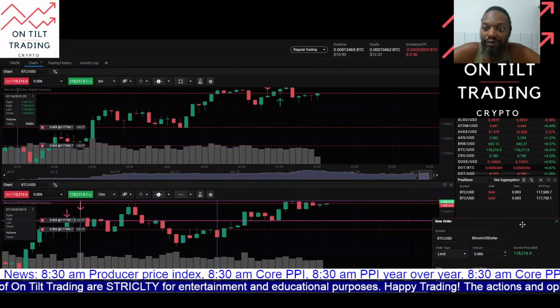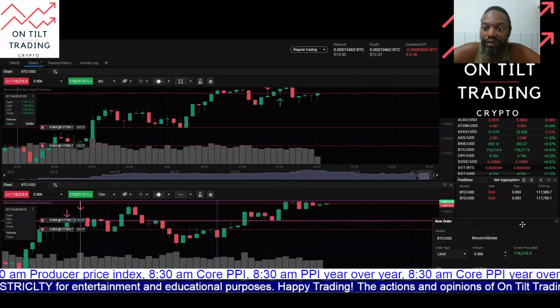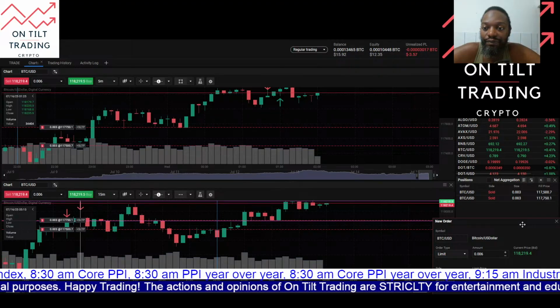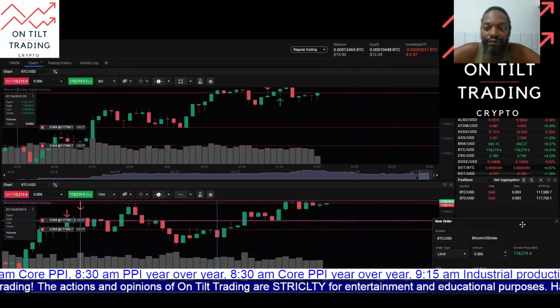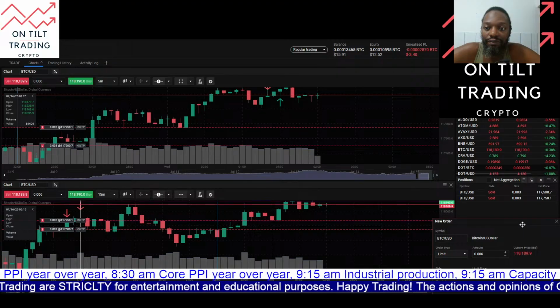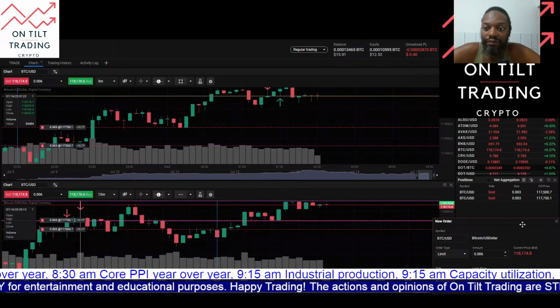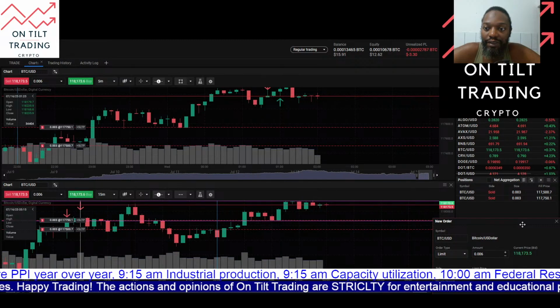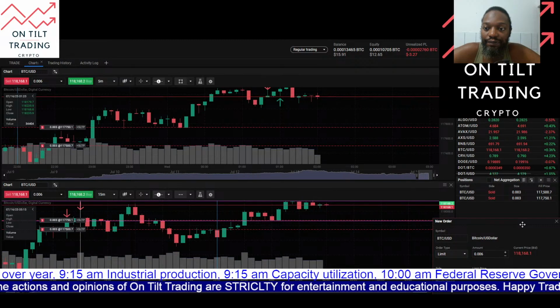Getting buy side delivery here, price traded near the 118,220 level. 118,180, sell side delivery with speed here, consolidating.